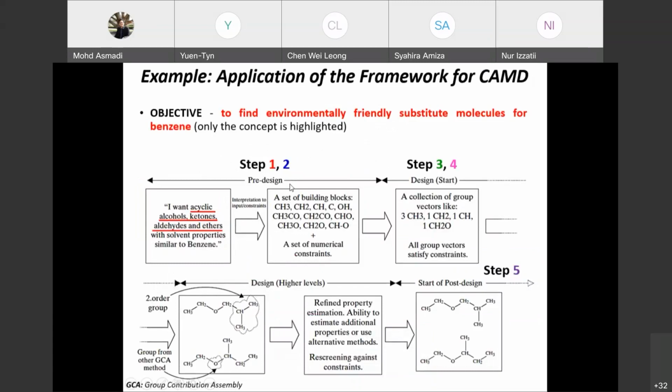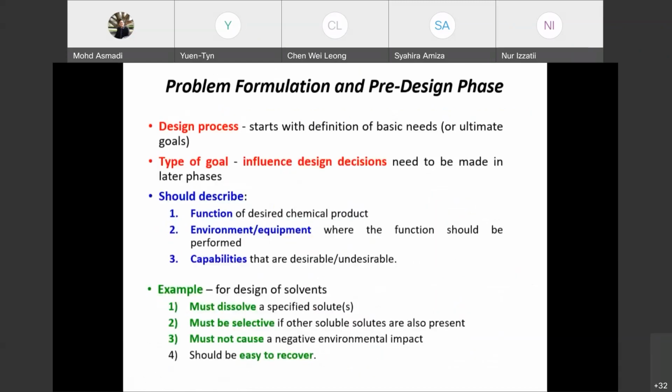The goals may be influenced by many design decisions during the phase of the CMD problem solution, but that doesn't mean that we can get the exact goals, so we have to look at that. The design process starts with the definition of the basic needs, and the type of goal influences design decisions to be made in the later phase, during the CMD problem solution. This is the later stage.